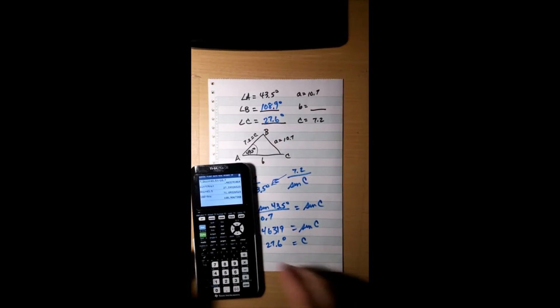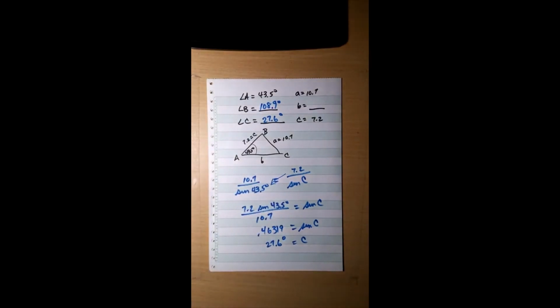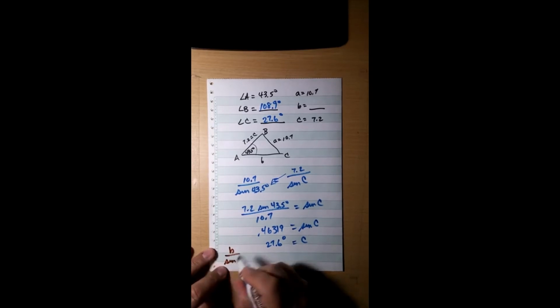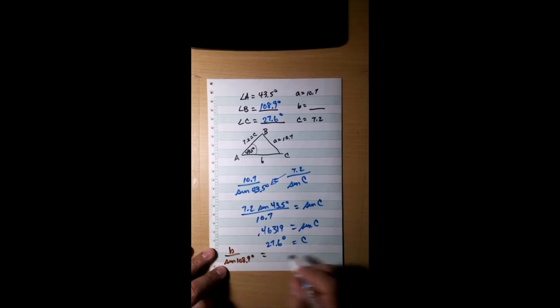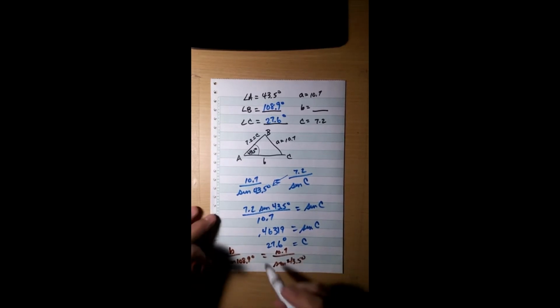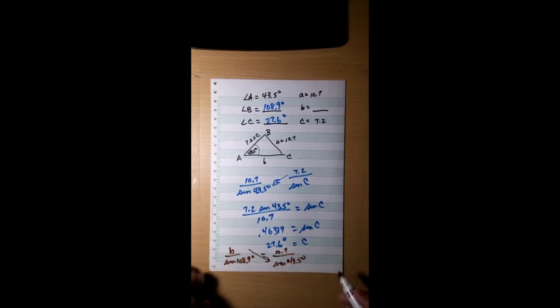And we can now use little b over the sine of what we just figured out, 108.9. That equals, let's use the one we already know, the 10.7 over the sine of 43.5. Cross multiply, divide by the third.